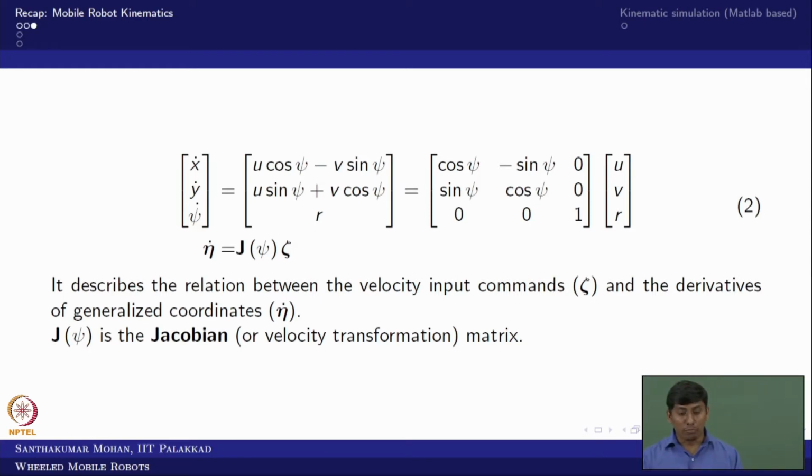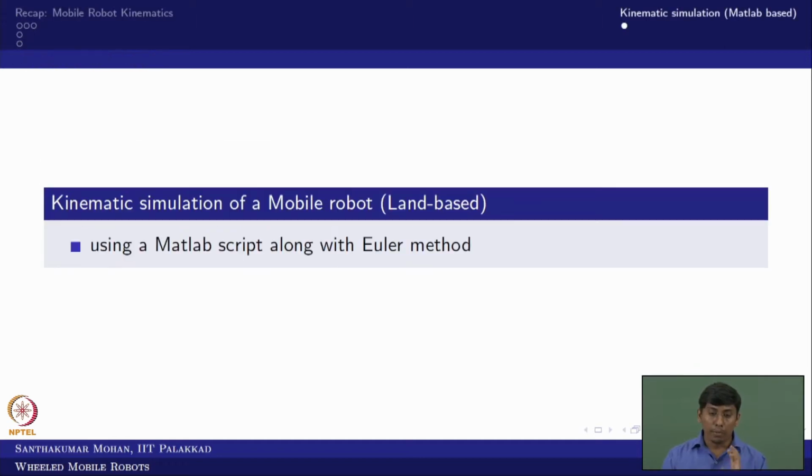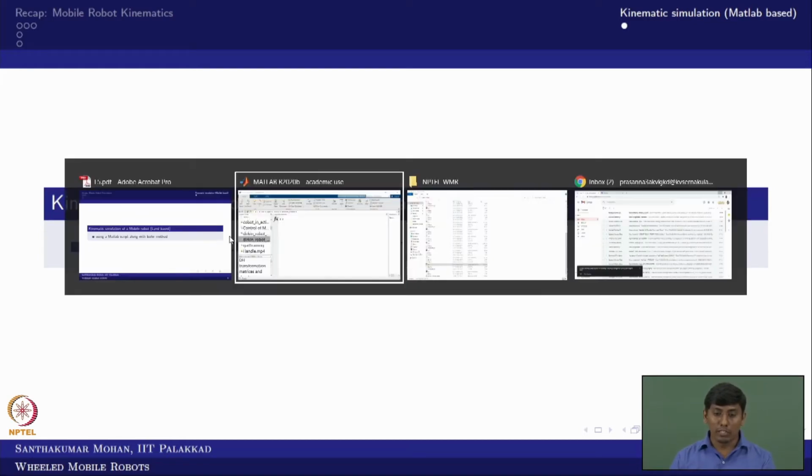I hope you got what we are trying to do. I will be using a MATLAB script. Later on, after probably one or two weeks, we can go with a block diagram based approach, the Simulink script. But right now this lecture focuses on the MATLAB code. So for that I am switching the screen.